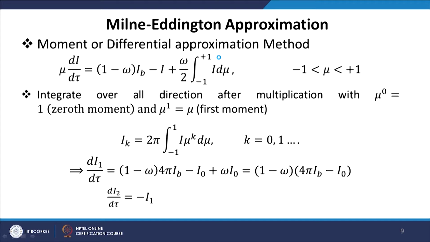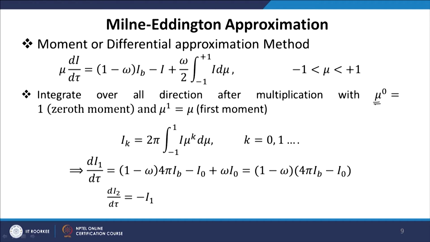So, what we do in this method is we take the starting point as the same integro-differential equation for radiative transfer in a given direction mu, where mu varies from minus 1 to 1, or theta varies from minus pi to pi. We integrate over all directions, but before integration we multiply by mu power k.